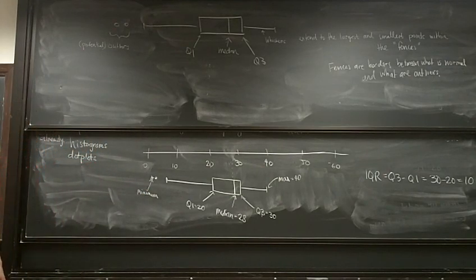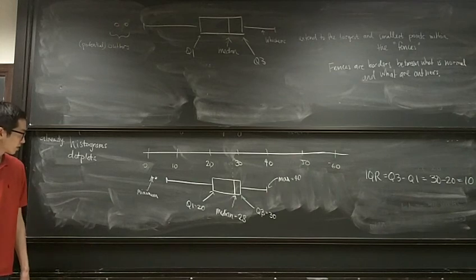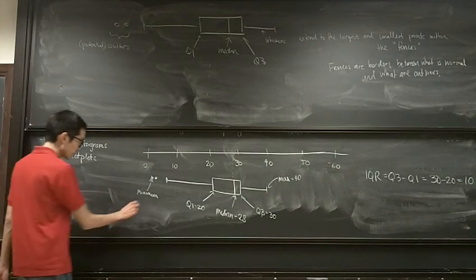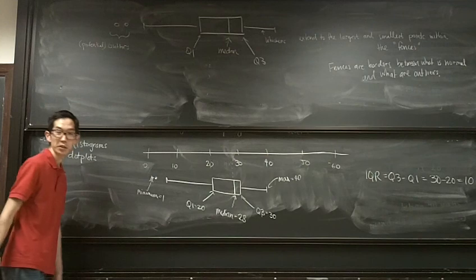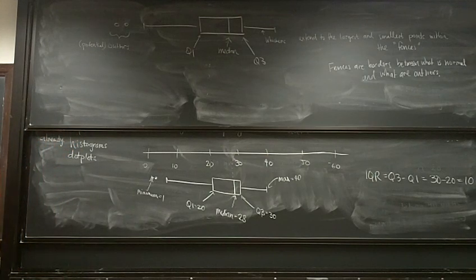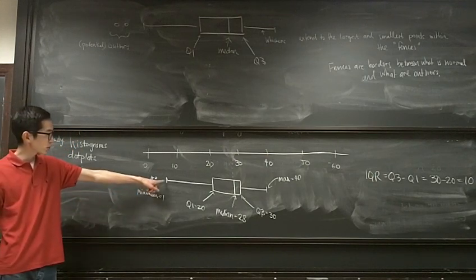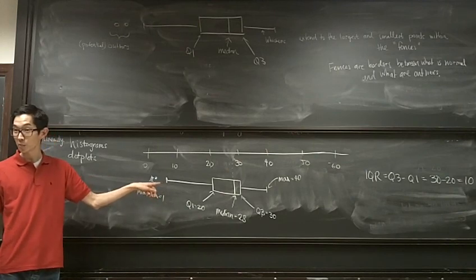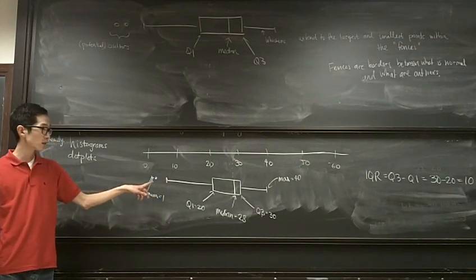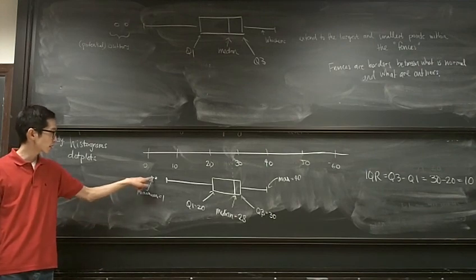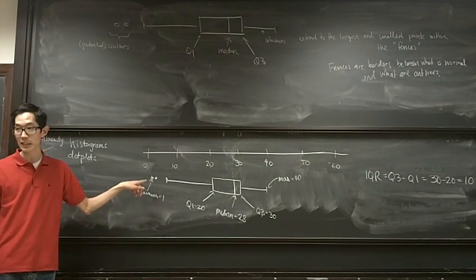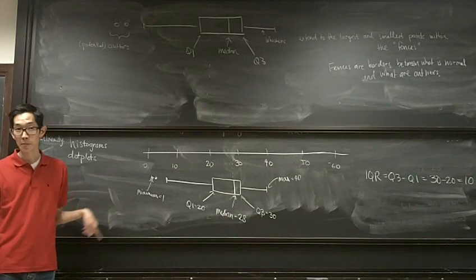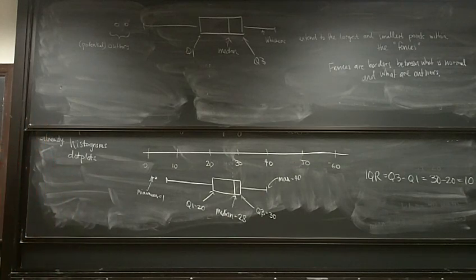Isn't it like 9? Maybe 1, 0, I don't know. So my minimum might be 1. This is the smallest within the whisker, which is different from the minimum. So this is considered an outlier, but it's still part of the data set. That would be my minimum. Okay, so what's my range?